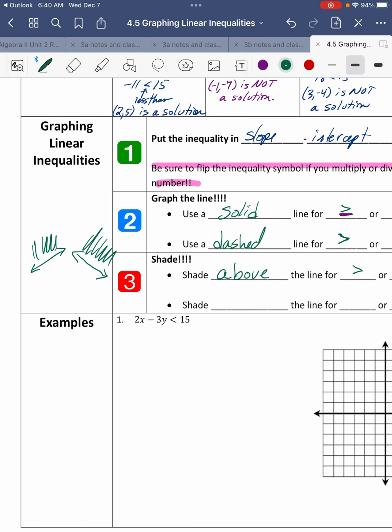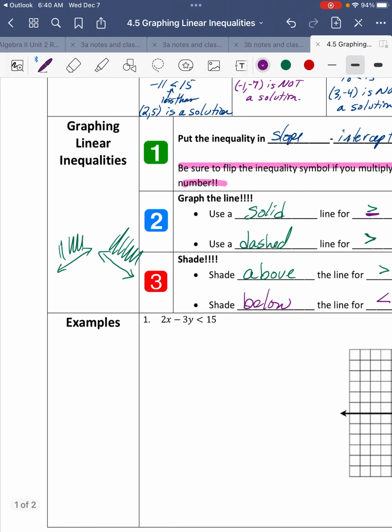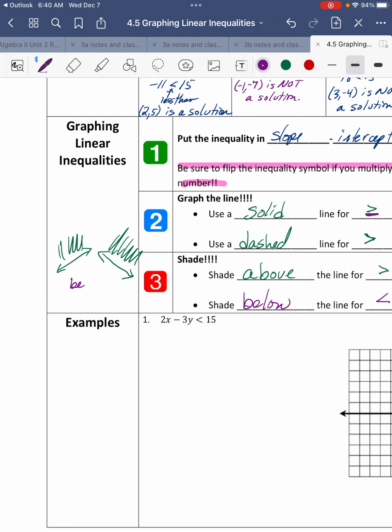That's above the line. Shading below the line is for less than or equal to. And below would look something like this. So if you have a line there, shade below. If you have the line like this, and it can be dashed or solid, but below the line.